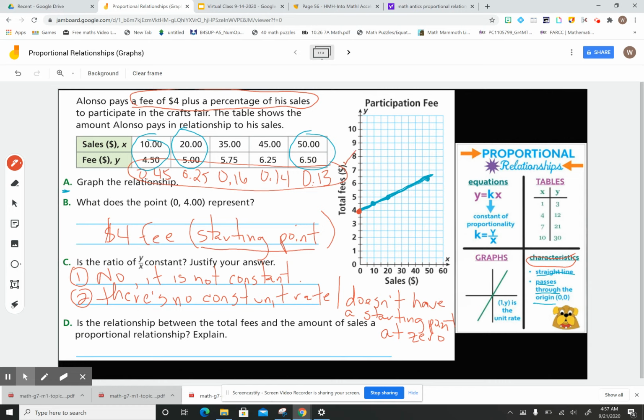Is the relationship between the total fees and the amount of sales a proportional relationship? No, we already explained this. No. Doesn't have a constant rate.